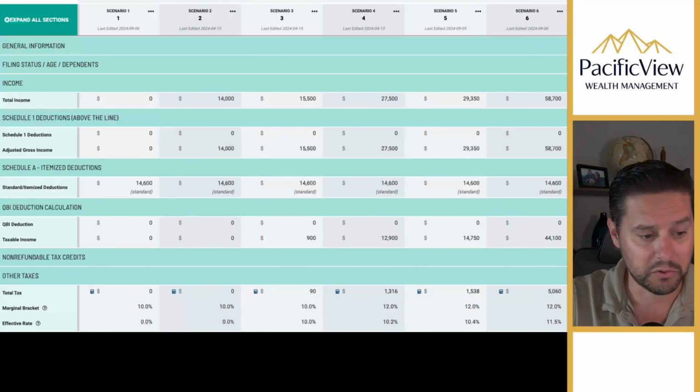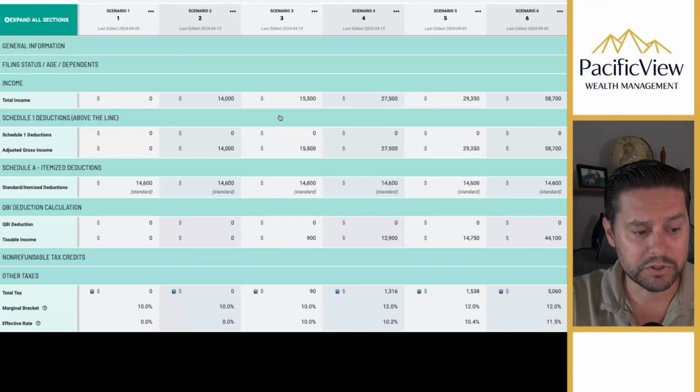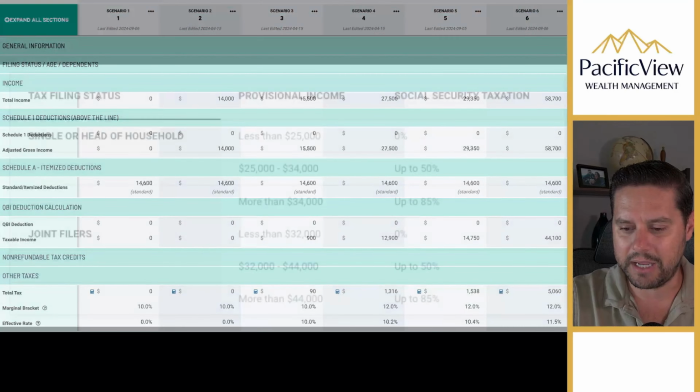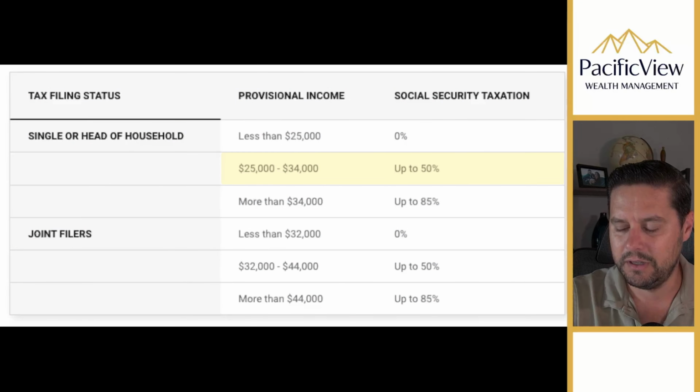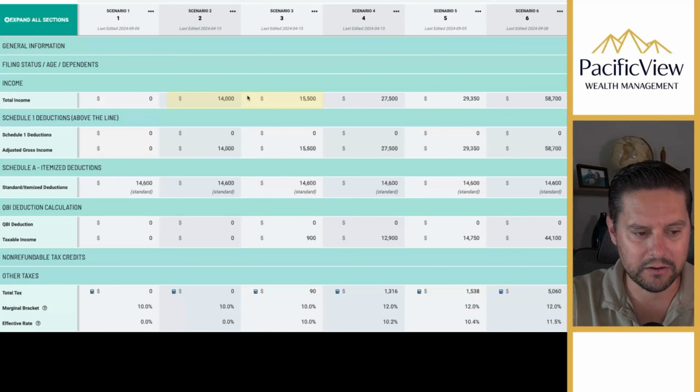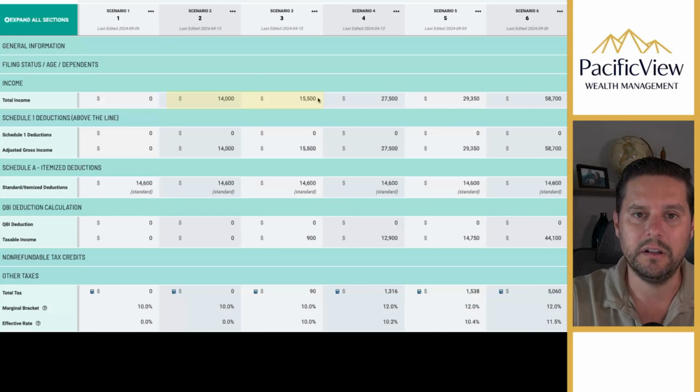So just the $14,000 from the IRA. What's really interesting, though, is that as we start to get into this second bracket here, the $25,000 to $34,000 bracket, because this is a single filer, what's really important to know is that, look, we added on $1,000 of income from scenario 2 to scenario 3 that you could see here in total income, but it added on $1,500 of income.